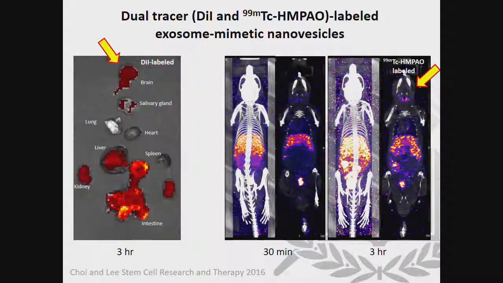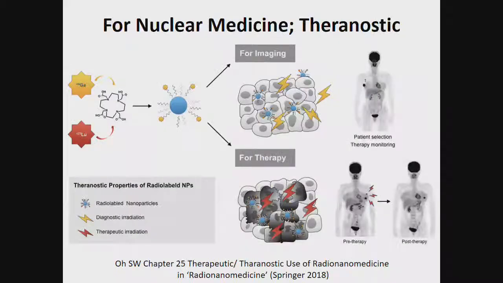It's recirculated again and again and again. So we could find brain uptake here, but we could not find any technetium HMPO labeled uptake. So I can even say that the fluorescence-labeled exosome biodistribution is all bogus. Should I prove that? No, I don't have time.